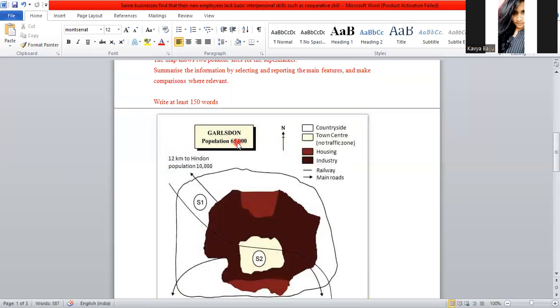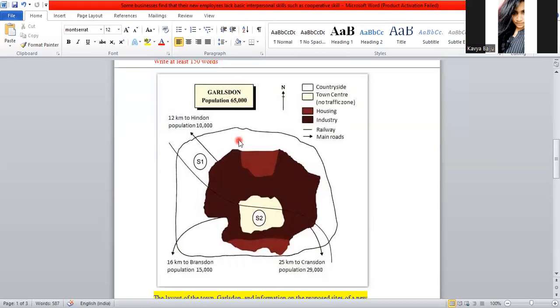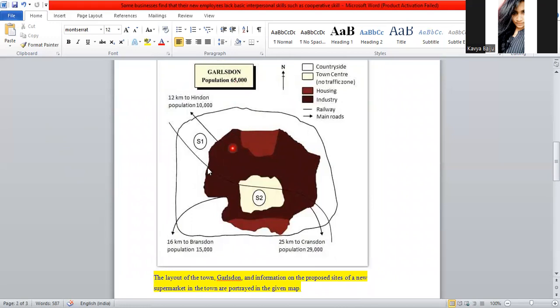The plan for the supermarket can be written either in simple present tense or in future tense. So it's up to your convenience. So let's go ahead and see the introduction of the presentation. The layout of the town, Garlsdon, and information on the proposed sites of a new supermarket in the town are portrayed in the given map.